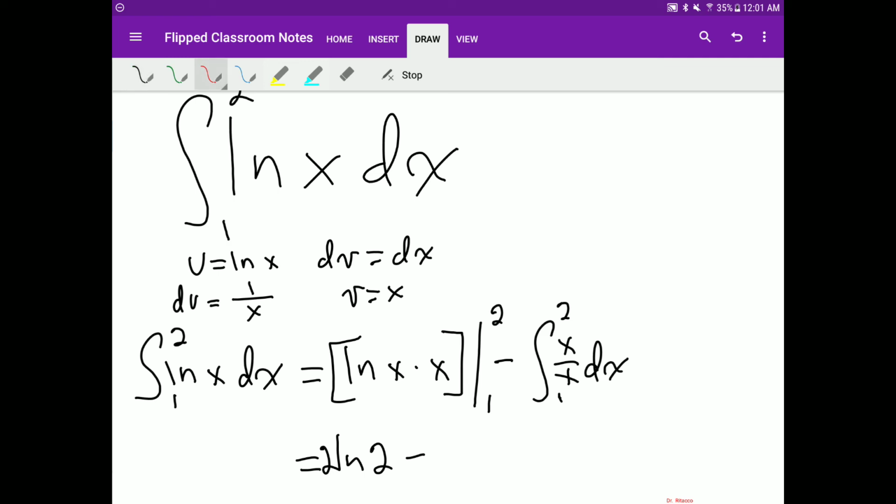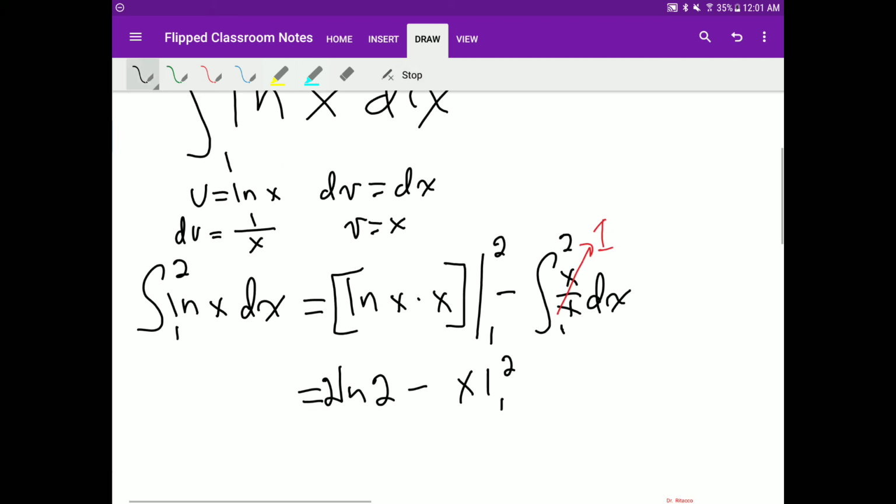Now we note these are going to cancel to become 1. And we're going to be looking at the integral of 1 dx. Right, so we evaluate x at 1 and 2. And we're going to be looking at 2 natural log of 2 minus 2 minus 1, right?